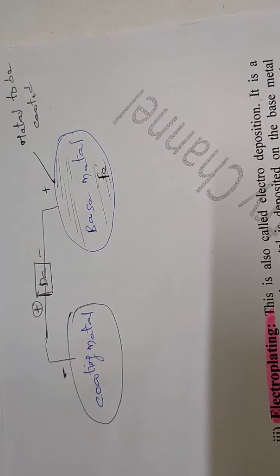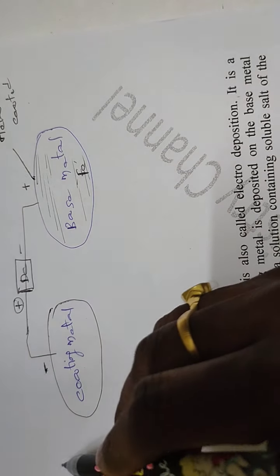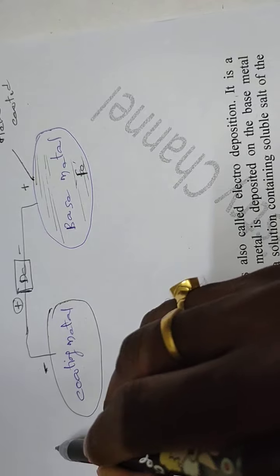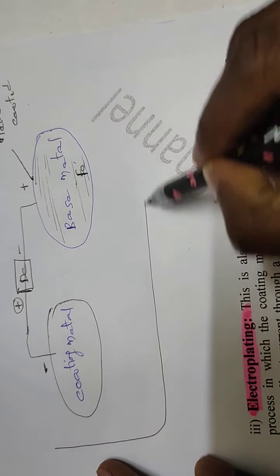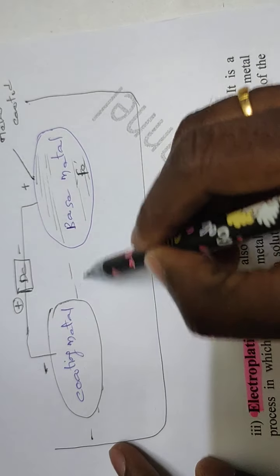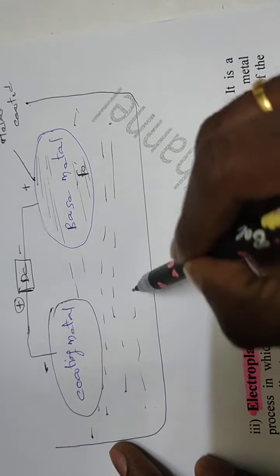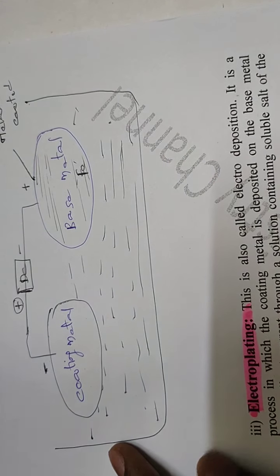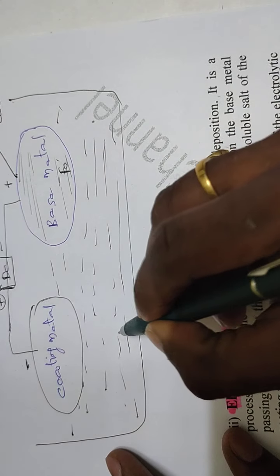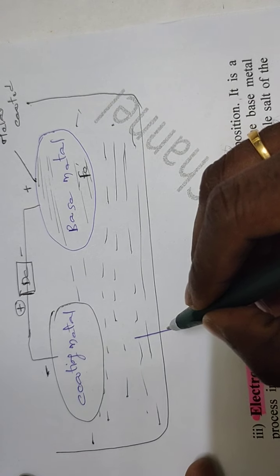power supply. The next condition is that the coating metal and base metal are both dipped in the coating metal salt solution. Students, don't be confused, listen carefully.